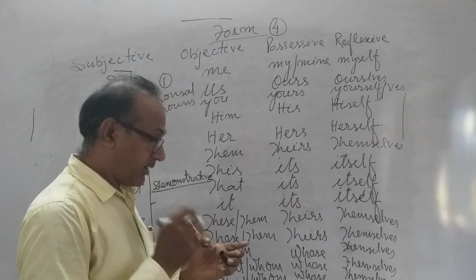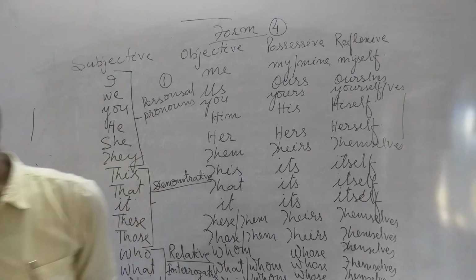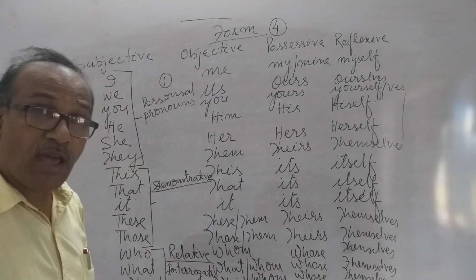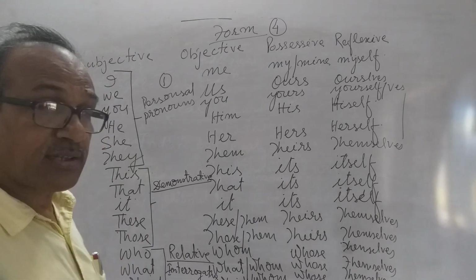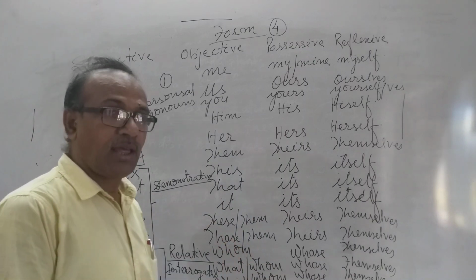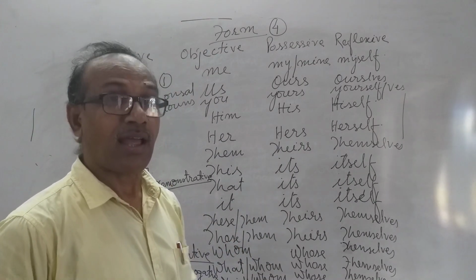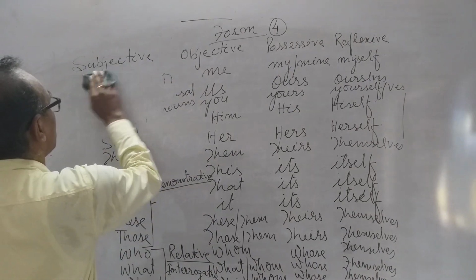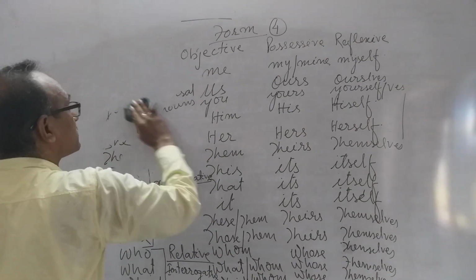Understood? Okay, now after this, apart from all these pronouns, we have some other pronouns, but they don't have all these 4 forms. That's why they have been kept apart, aside. So let us discuss those pronouns.